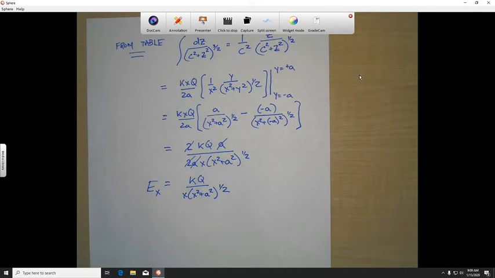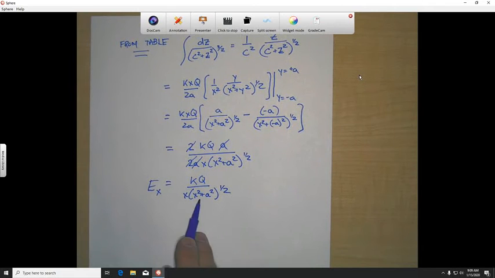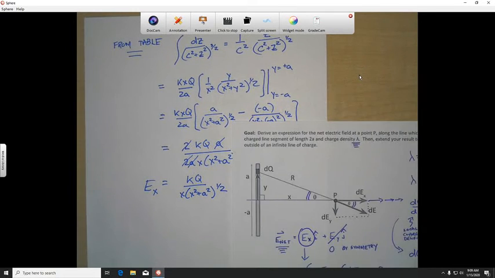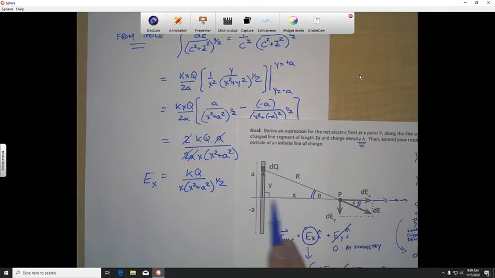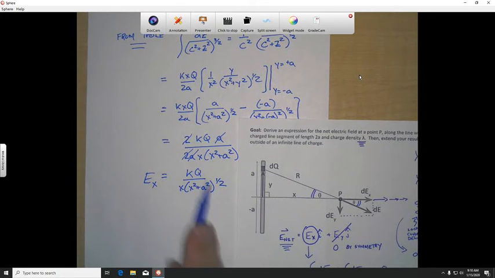I've solved the expression. I now know that the electric field at point P, a distance x away from the charge line, is going to be equal to this expression, which has the total charge built into it, the total charge on the line, and it also has A in it. Remember, A is the half length of the line.